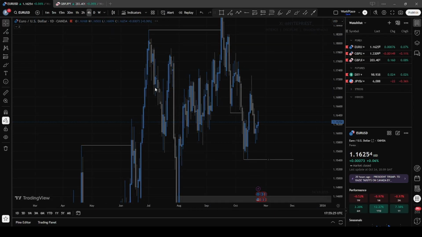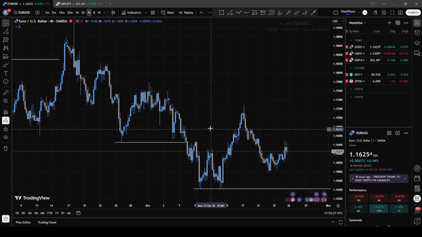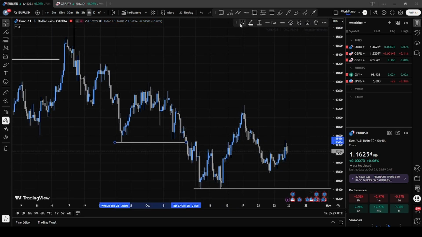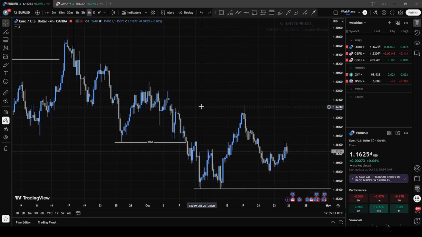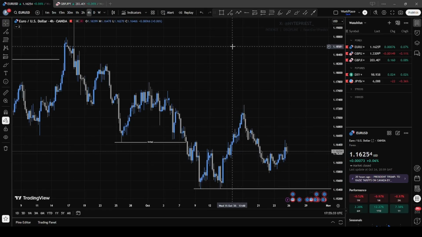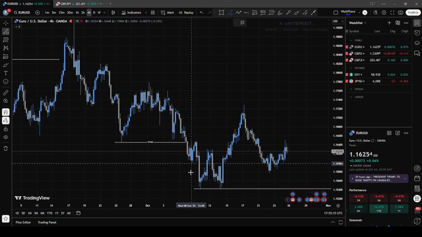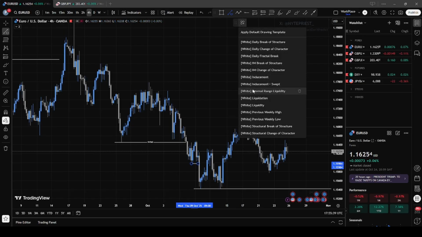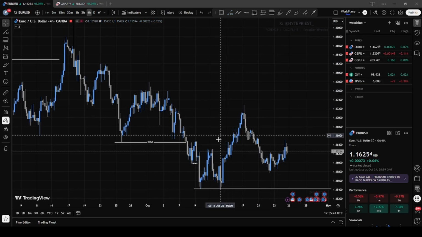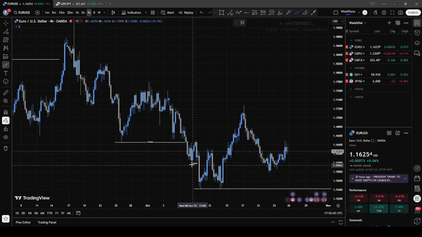Yeah. So on the daily time frame, we have this 4-hour break of structure to the downside. So I will classify this as a 4-hour break of structure to the downside, because this high broke this low, and then we had three consecutive candlesticks.